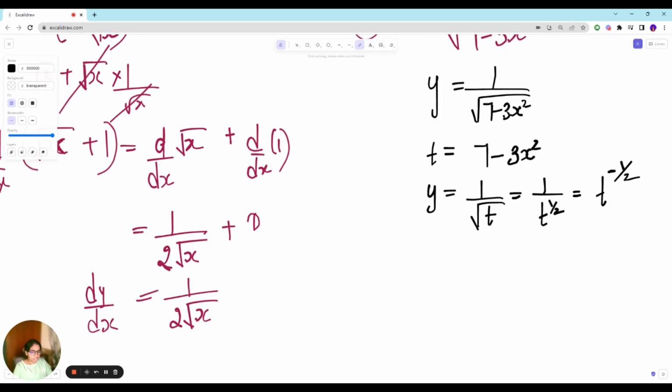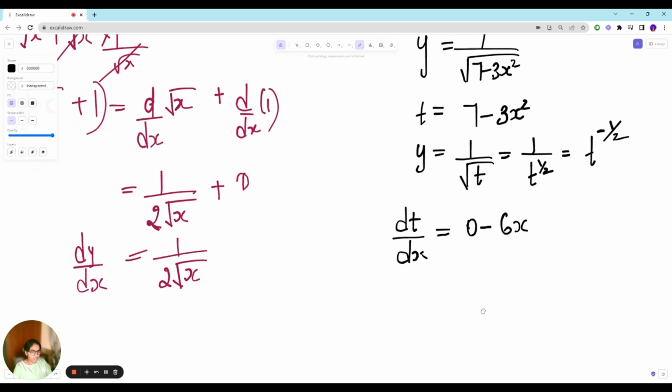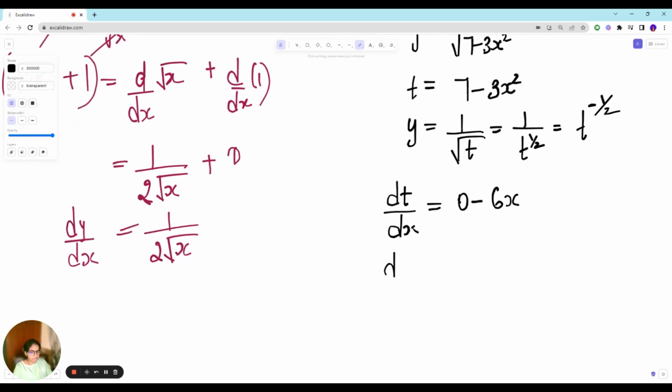So now, what is our dt by dx? dt by dx is 0 minus 6x. Correct? What is our dy by dt now? dy by dt is equal to minus half t to the power minus half minus 1, which is minus 3 by 2.